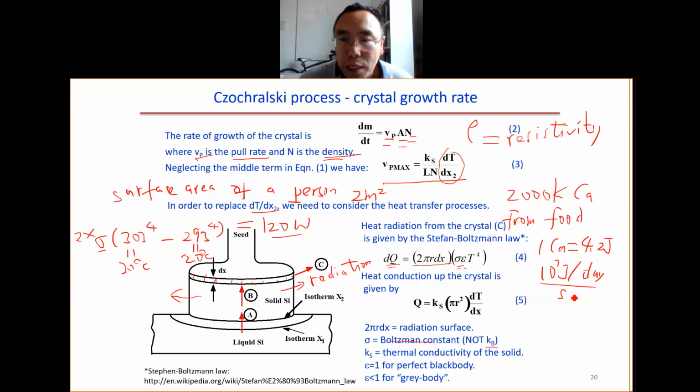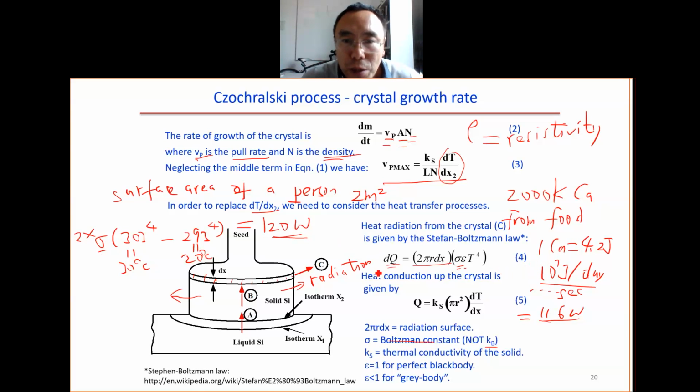Divided by the number of seconds per day, we get 116 watts. So this is the energy we take in, 116 watts from food each day. You can see this number is comparable to the number here. That means a large amount of our body heat is lost by black body radiation. So what we eat becomes black body radiation, heat lost.